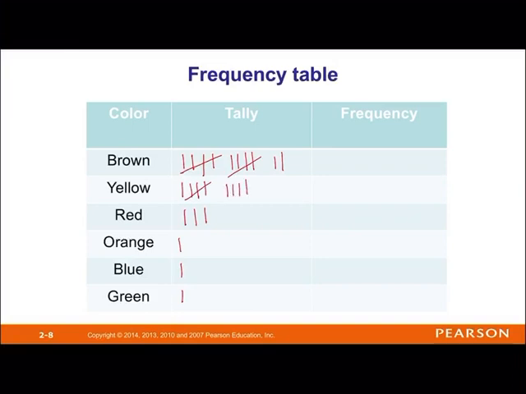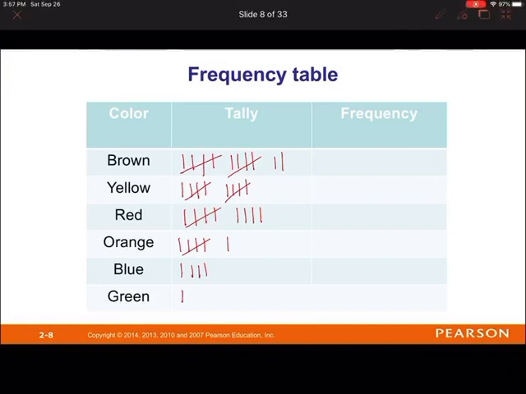Again, you should double check me, but just so you're not sitting here listening to me read off colors, because there's no point in doing that. There's 9 red. There's 6 orange. There are 3 blue. And there are, I don't know how to erase.